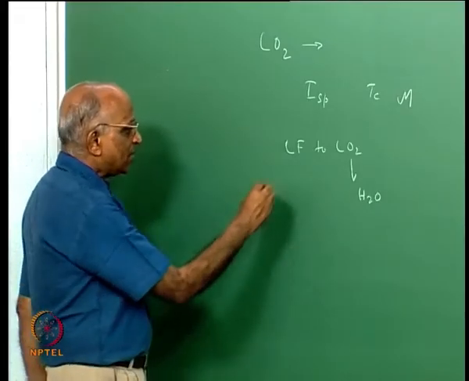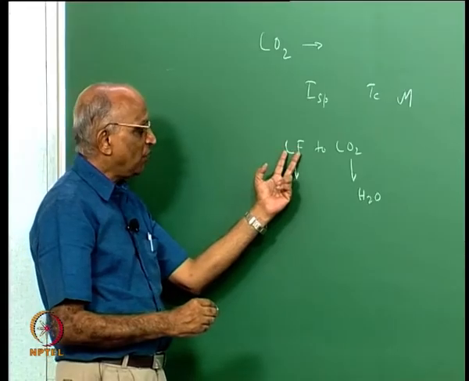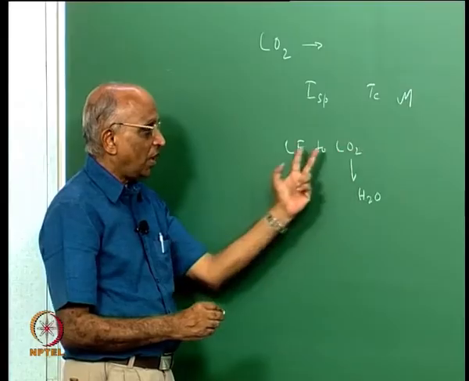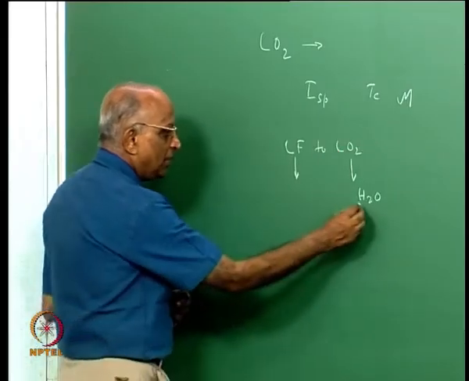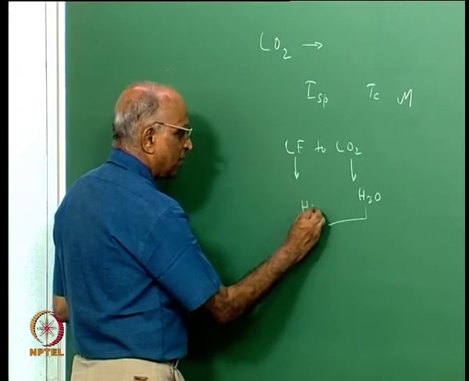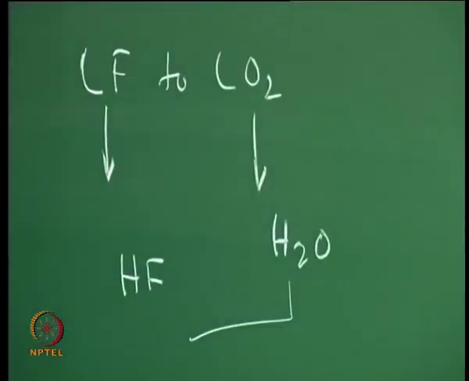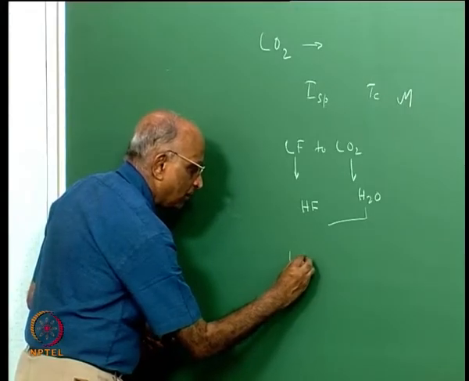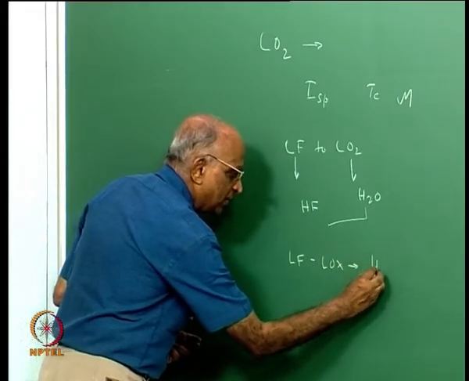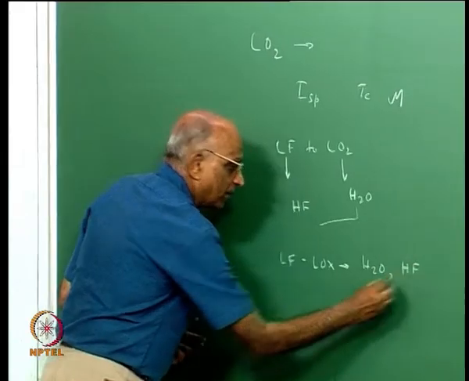Now when I add some liquid fluorine to liquid oxygen, and mind you it is quite easy to add because the boiling points of liquid fluorine and liquid oxygen are about the same, in addition to water I also get hydrogen fluoride.